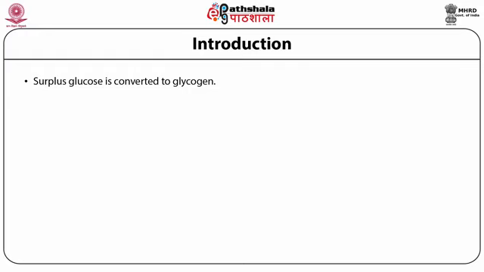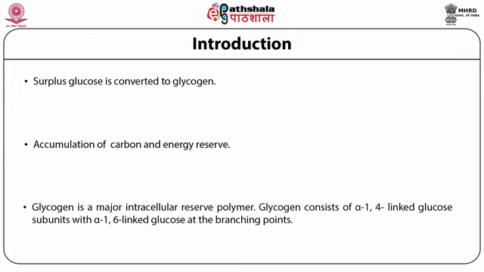Many microorganisms accumulate carbon and energy reserves to cope with starvation conditions provisionally present in the surroundings. The biosynthesis of glycogen is the main strategy for such metabolic storage. Glycogen is the major intracellular reserve polymer.